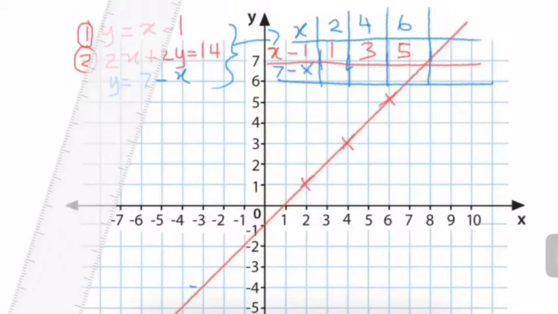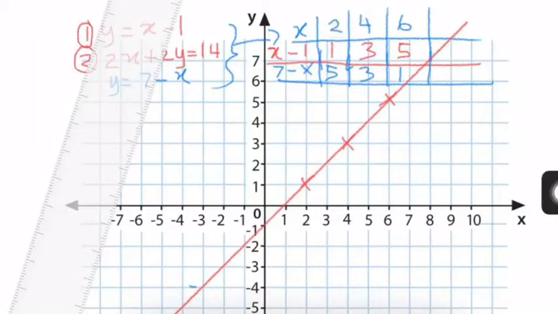7 minus x, so 7 minus 2 is 5, and then 7 minus 4 is 3, and 7 minus 6 is 1. Okay, so now I'm going to plot the blue graph, coordinate 2, 5.